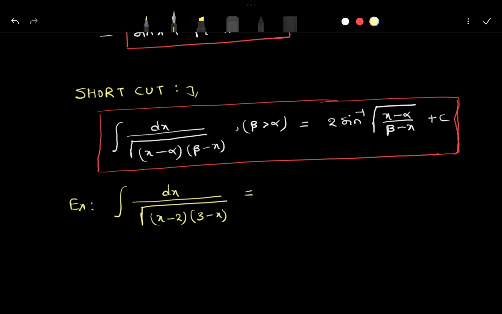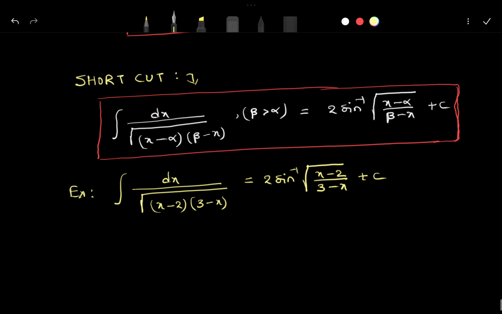According to this, here beta value is 3, alpha value is 2. Then we can write the direct answer: 2 into sine inverse of square root of x minus alpha, that means x minus 2, by 3 minus x. So direct integration, plus c. By using this model, so many problems we can see in upcoming classes.